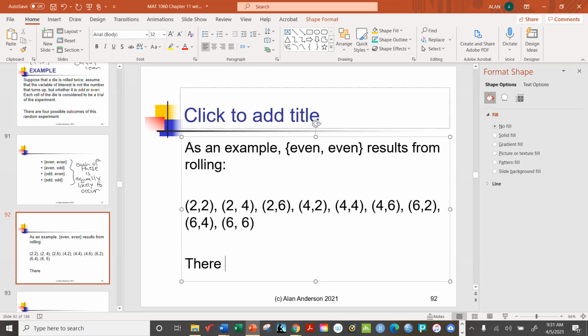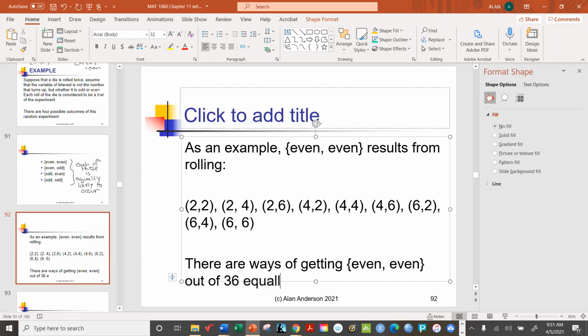There are 9 ways of getting even out of 36 equally likely rolls.